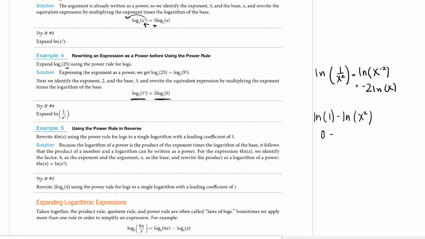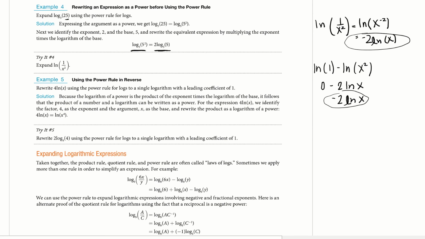Minus, using the power rule, 2 ln x, so minus 2 ln x. And that is the same answer that we got above. And this is an L. I'll write them like that so that they don't look like ones.